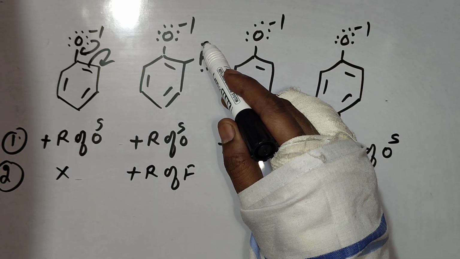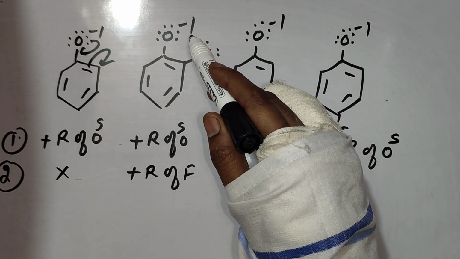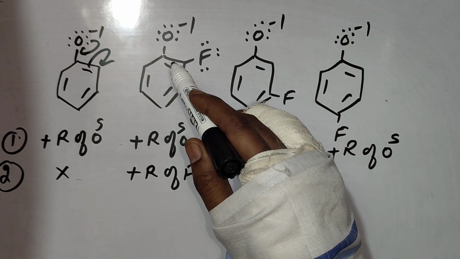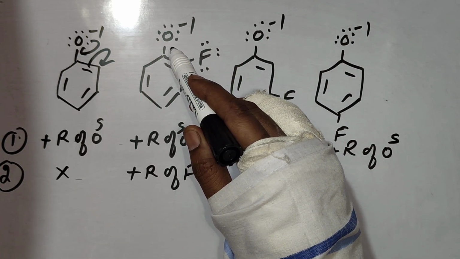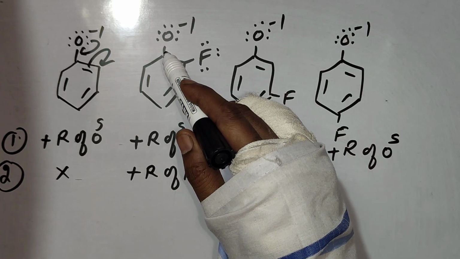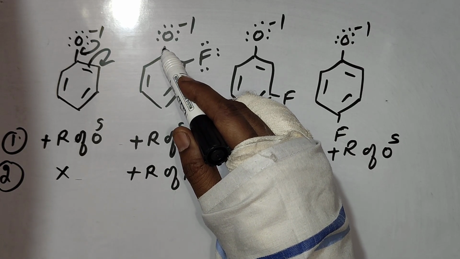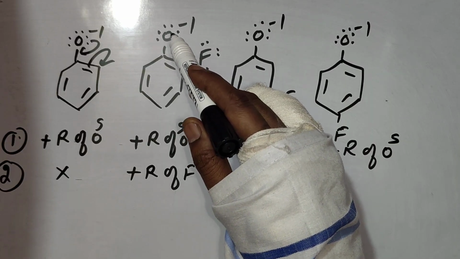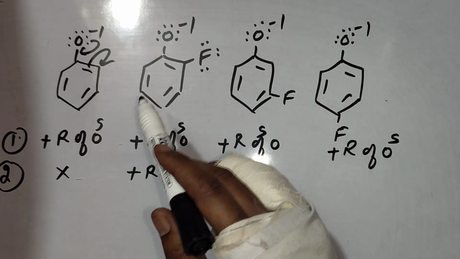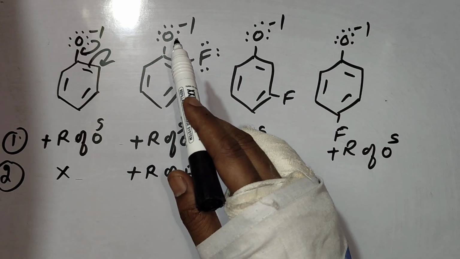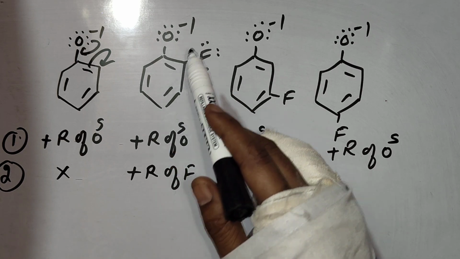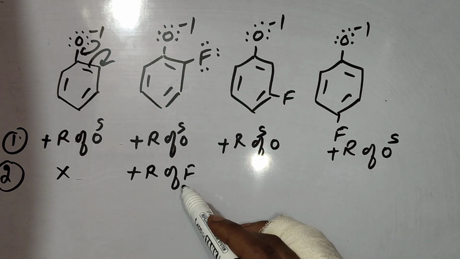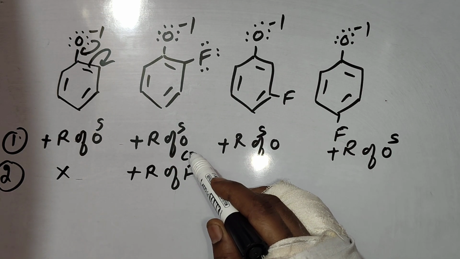When it will give electrons for the resonance like this, these pi electrons will move to next carbon here. Due to extra electrons, these electrons present between oxygen and carbon will feel repulsion and they will start moving toward oxygen, due to which the negative charge of oxygen will increase. So if oxygen's negative charge is getting increased, means oxygen is further getting destabilized. So this factor will be destabilizing factor.